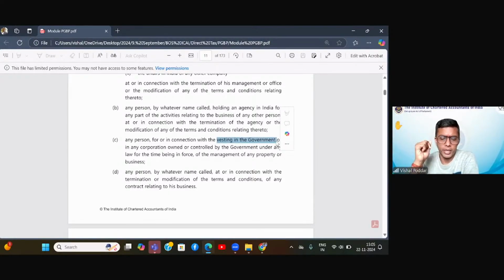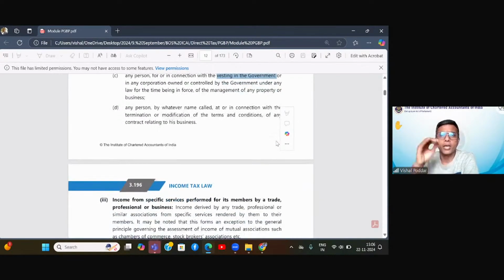It would be earlier than that, because it was during the Indira Gandhi regime that India went for nationalization, whereby there were private banks before that, but the entire management of the banks was shifted to government. So when any such thing happens, it is vesting in the government of your controlling power of any business. So when you vest the controlling power of any business, again, it becomes your PGBP income, whatever compensation you get for that, right?